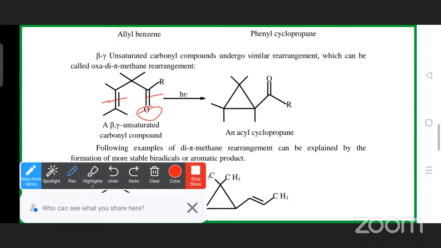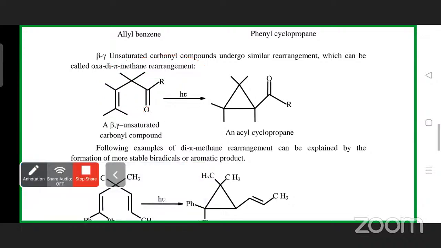That's why it is called the oxa-di-pi-methane rearrangement reaction. Whatever the starting material, the products are the cyclopropyl derivatives only. So you see this.